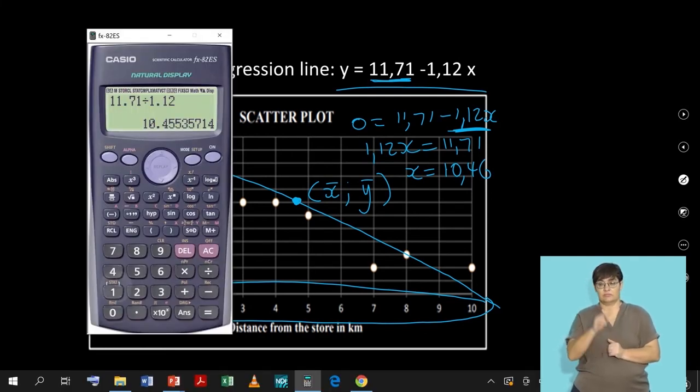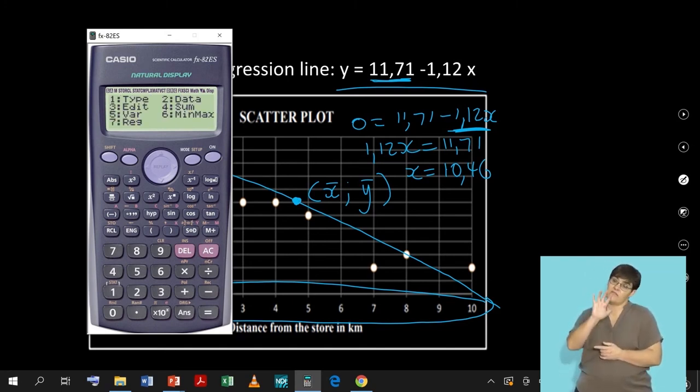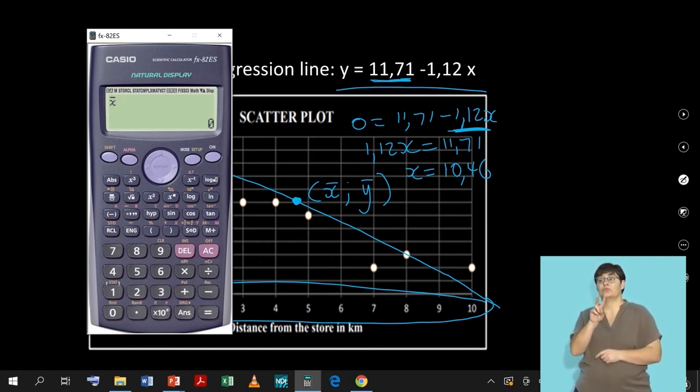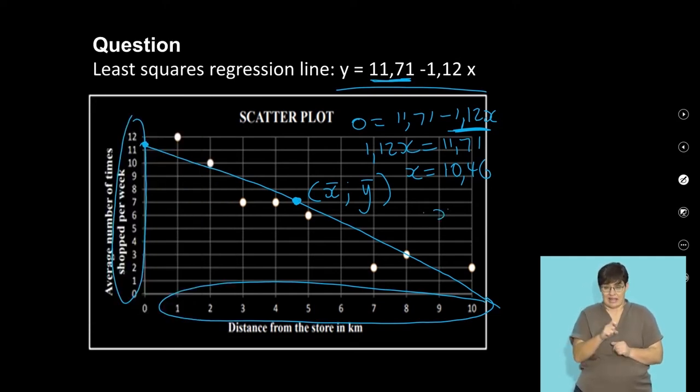Shift stats, let's look at our data. We still have our data, agreed? Let's look at 5, the mean for x. That x bar, I put 2, which is 5. So x bar is 5, which is the mean for x, for the distance.